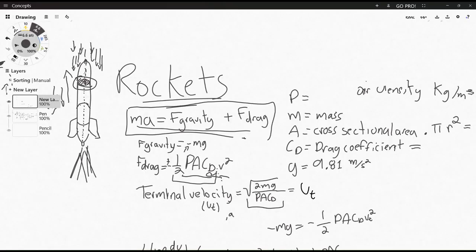Hello, this is my calculus project for the spring 2026. My project consists of using calculus to find out the equation of velocity based on Newton's motion law, which is force equals mass times acceleration.